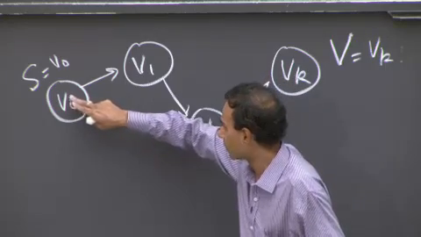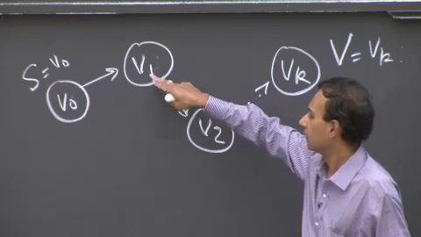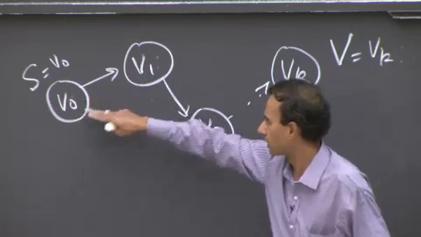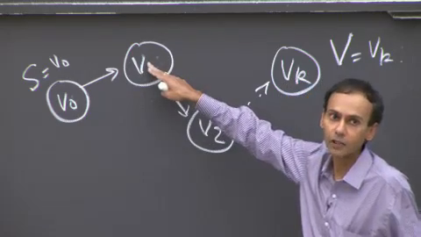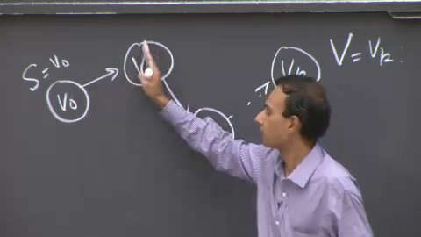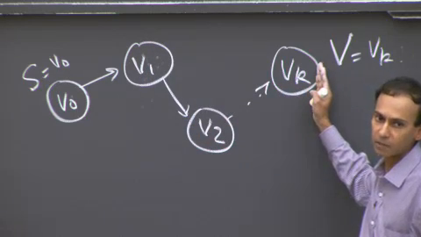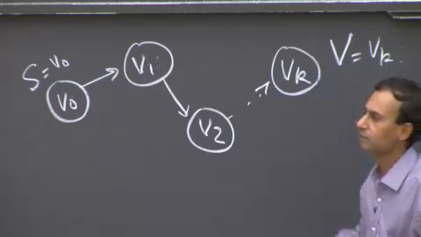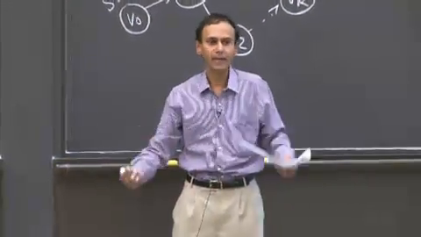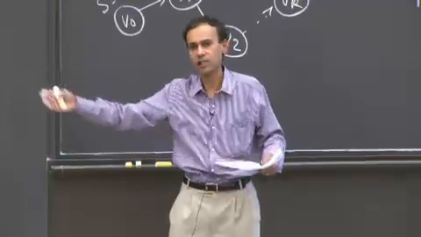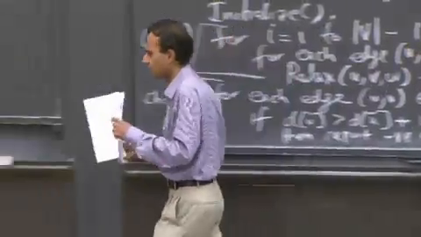I'm going to relax this edge, and I'm going to get the value of delta from S to V1. After the first pass, I'm going to be able to get to V1. After the second pass, I can get to V2. And after K passes, I'm going to be able to get to VK. I'm just growing this frontier one node every pass. And that's your induction.